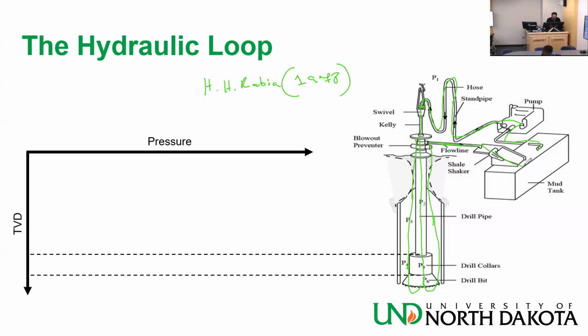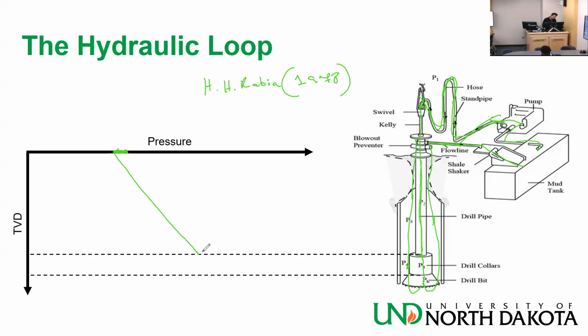So to draw this, we start from a certain value out of the discharge line, and then we move to the left because we lose friction through this system, and then we go down. Then we reach this point here, where the inside of the drill collar is smaller than the inside of the drill pipe, even though the outside is bigger.